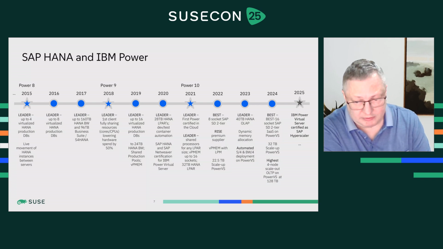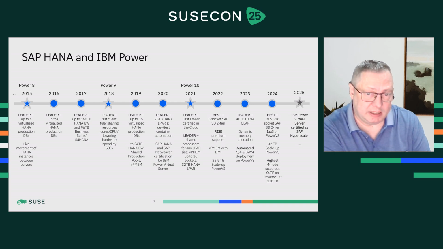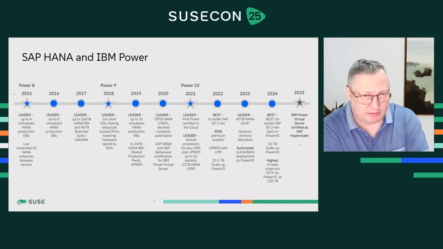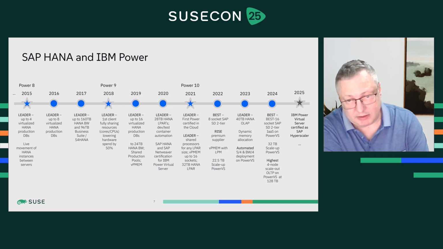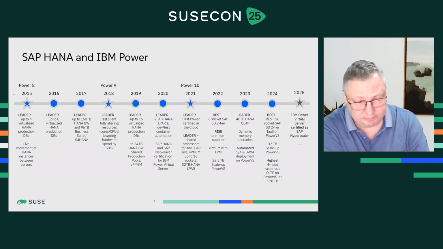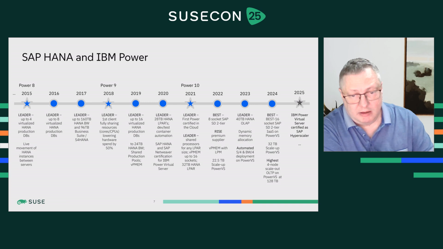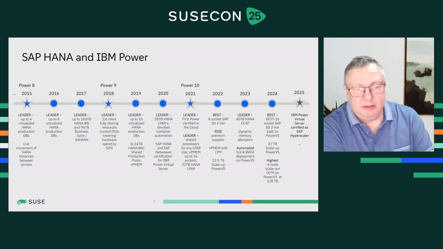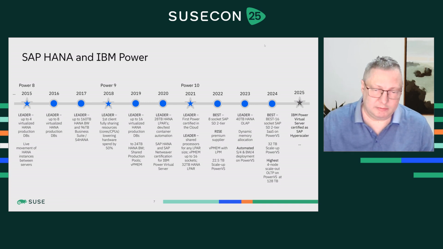Power 8 was the first generation to support SAP HANA, even though we had prototypes on Power 7. And then we introduced Power 9 in 2018 and Power 10 in 2021. And we have, obviously, Power 11 coming up this year. Now, ever since the introduction of HANA on Power, it's been a leading combination, primarily because of the capacity of the platform to be fully virtualized and scale up.